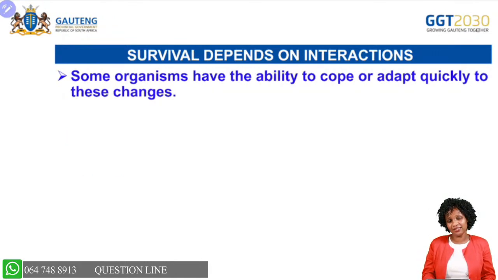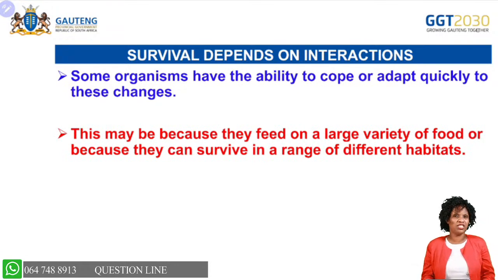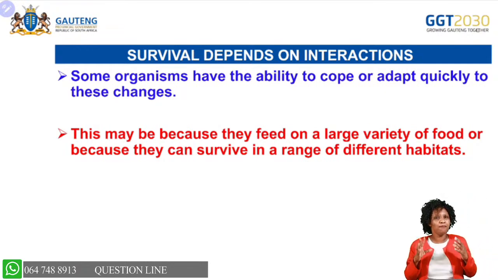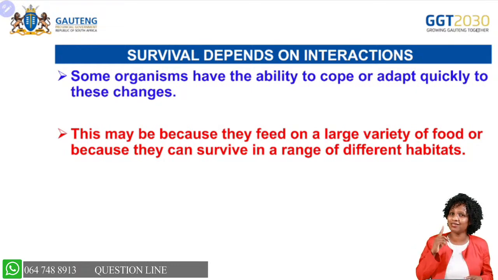Survival depends on interactions. Some organisms have the ability to cope or adapt quickly to these changes. Some organisms adapt to an environment so that they can survive. When I say adapt, you understand what I'm talking about, grade 8. I mean that they change to suit the environment so that they survive.